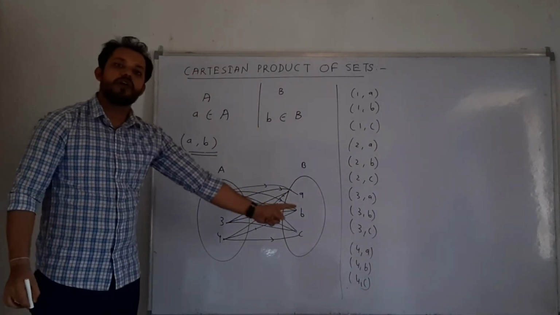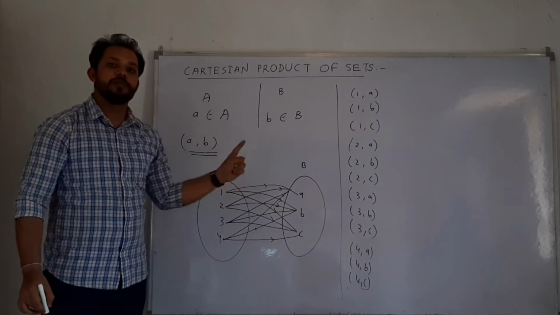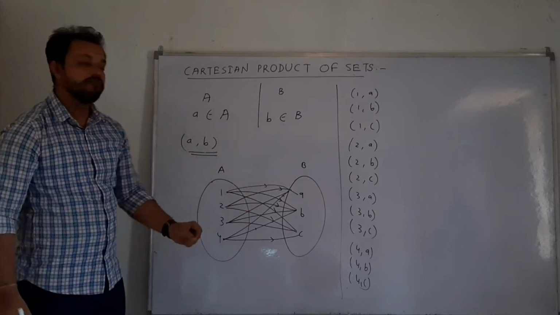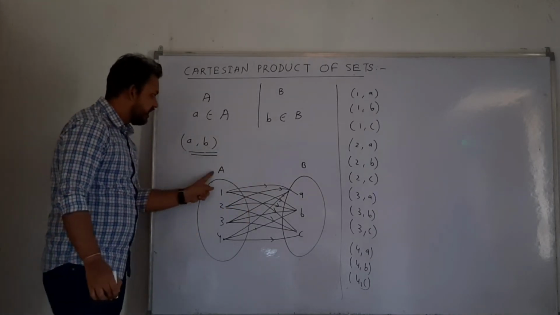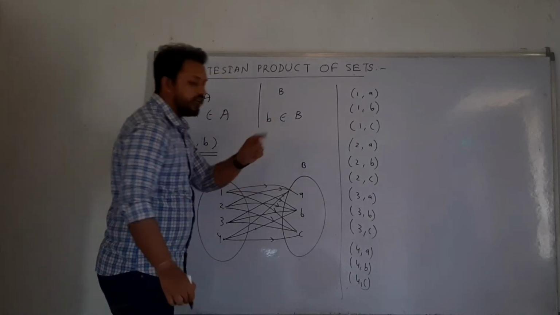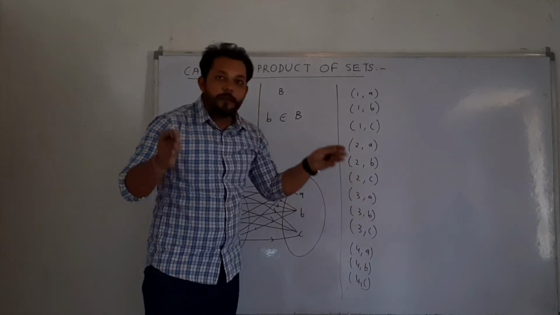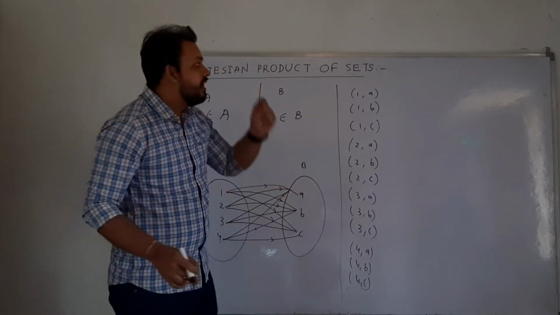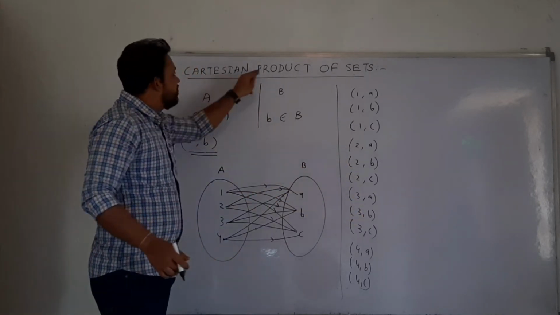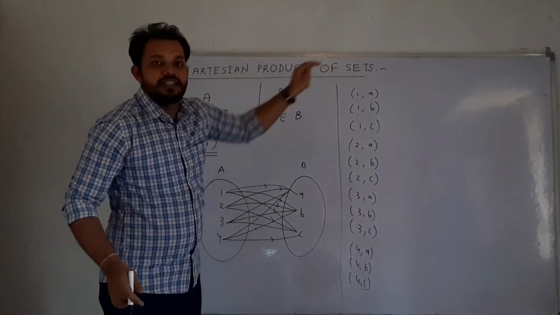These are all the possible ordered pairs which can be defined from set A to set B. And this set of all possible ordered pairs is called the Cartesian product of sets.